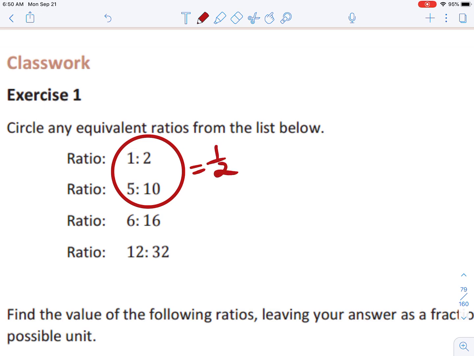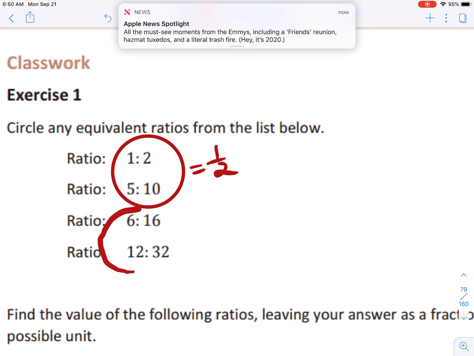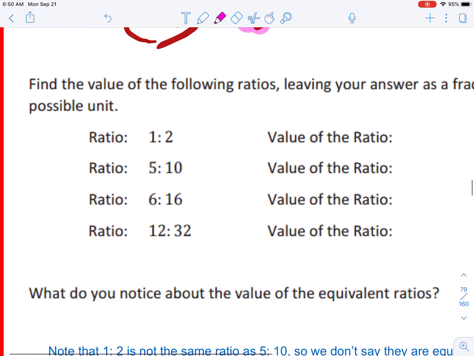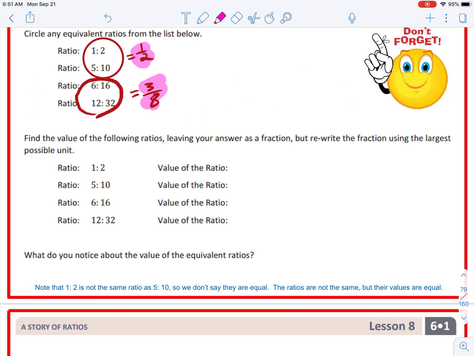The ratio 6:16 to 12:32, they're equivalent as well. They would all begin with 3 to 8, so this is 3 over 8. That's the values of our ratios. Now the bottom part says find the value of the following ratios, leaving your answer as a fraction.